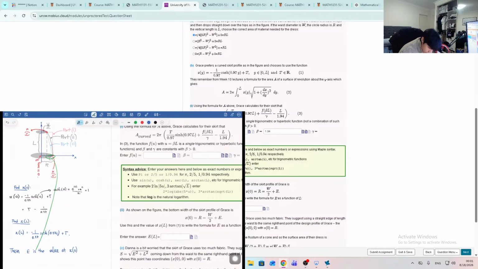Yeah, I can imagine that. Minus the height. So height minus height at L.